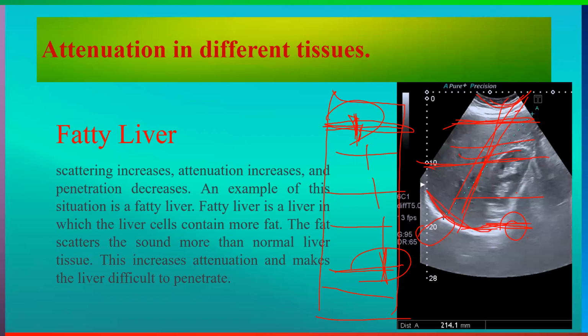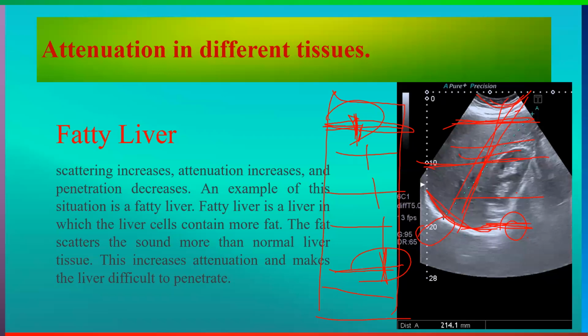So this is the diaphragm. So according to this attenuation and this scattering mechanism, the fatty liver is divided subjectively into three grades, and these grades are mild, moderate, and severe fatty liver.